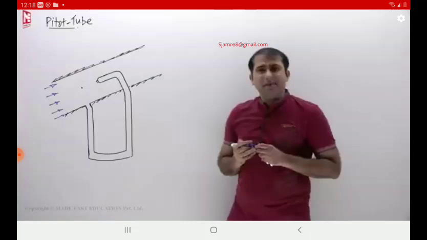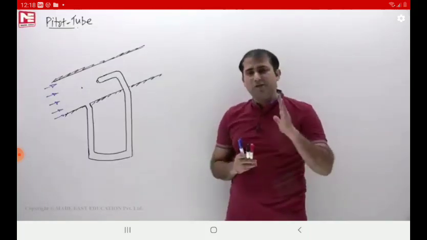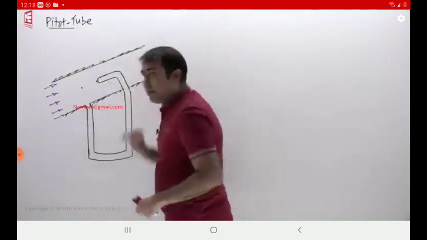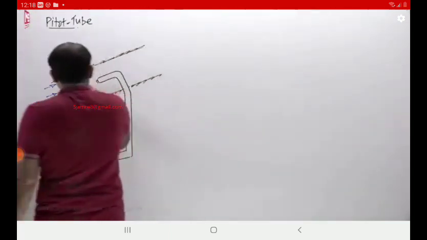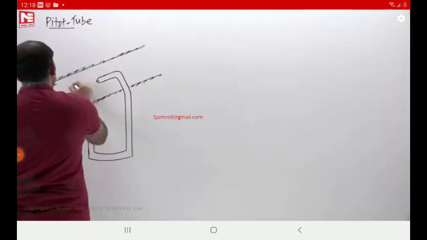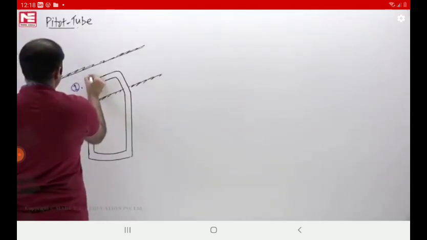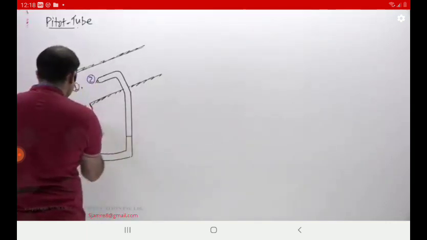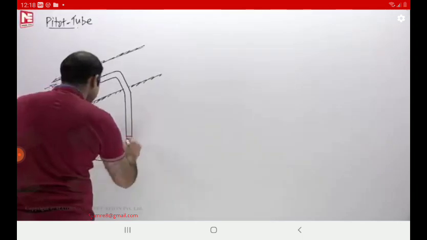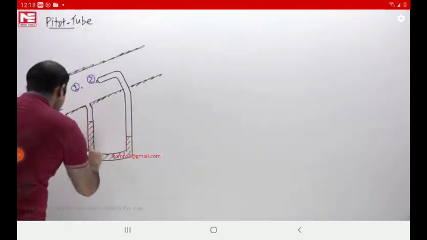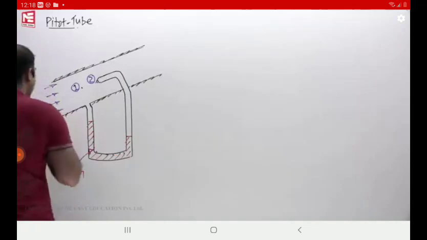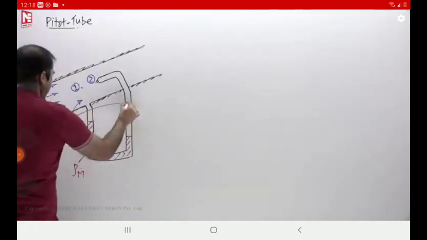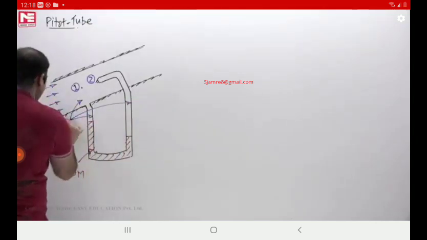Now what will happen here? This is already part of the discussion, and it has been discussed with you already. If you look here, I have taken this as point 1 and this as point 2. The level here is this and here it is something like this. And I have taken this as rho m, the manometric fluid. Whatever the density of the fluid here, here and here, that is the same rho.